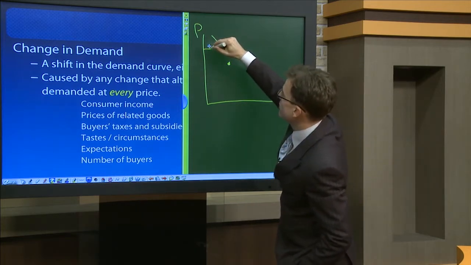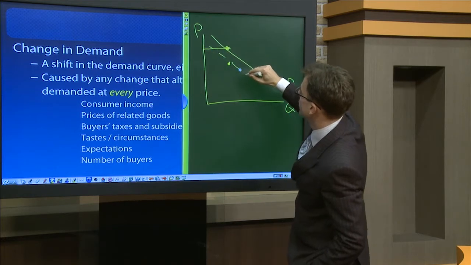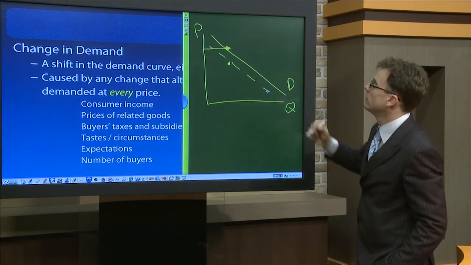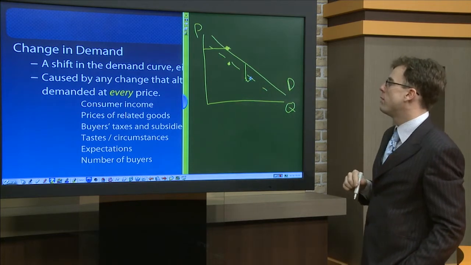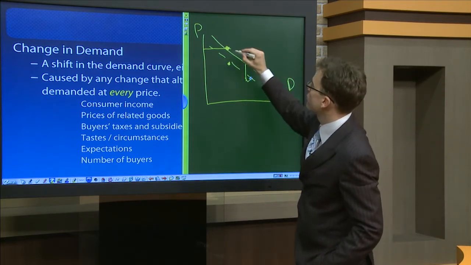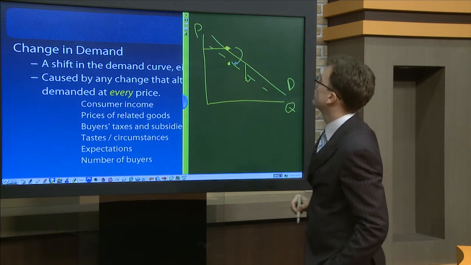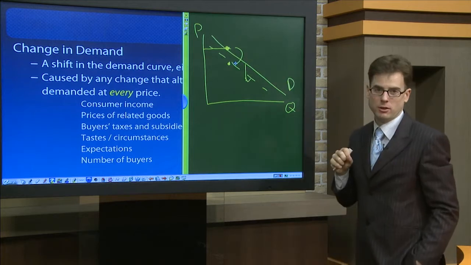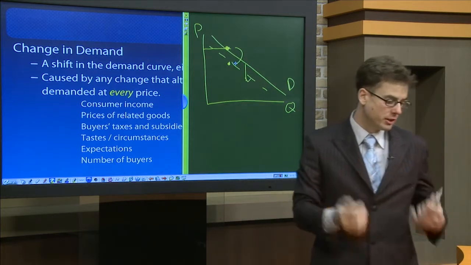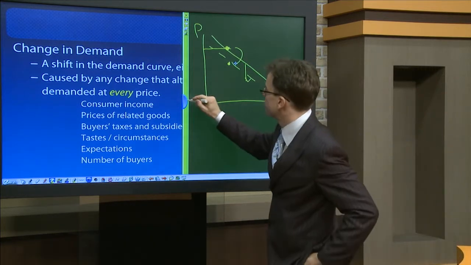We would say that the demand curve shifts downward by the amount of the tax. The consumer would be willing to pay exactly this much less for this commodity because of the new tax.